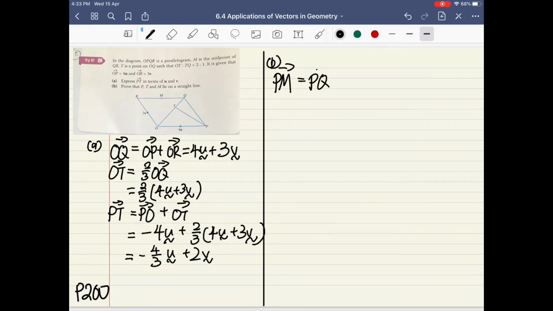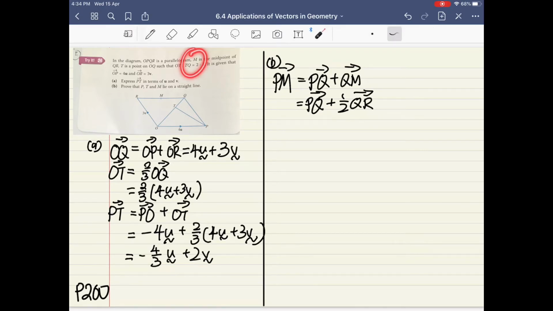So first we begin with PM is equal to PQ plus QM. So that gives me PQ plus half of QR, because it is given that M is the midpoint of QR.